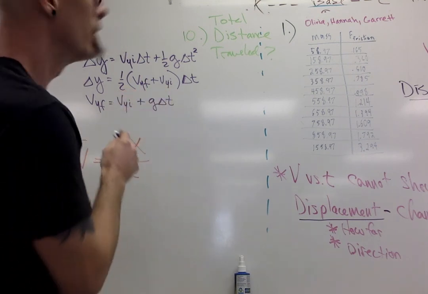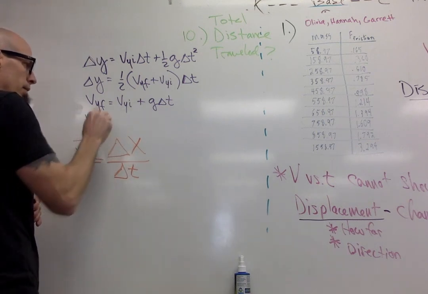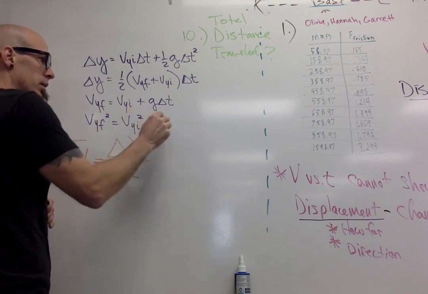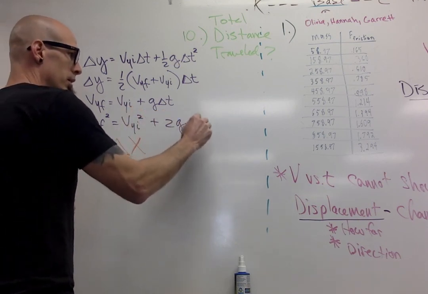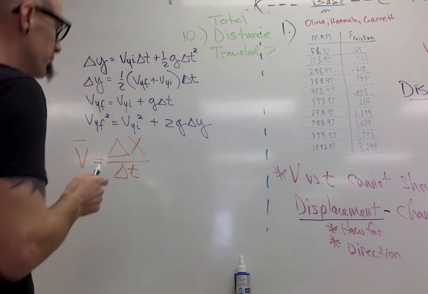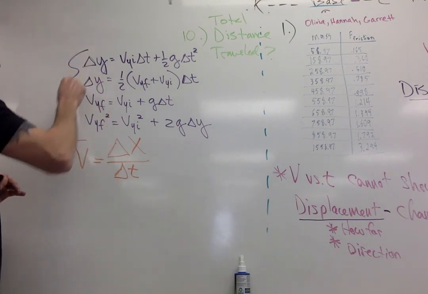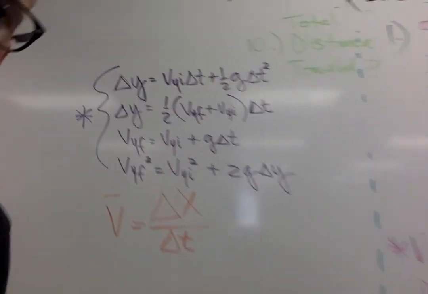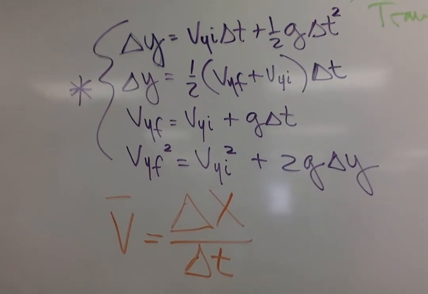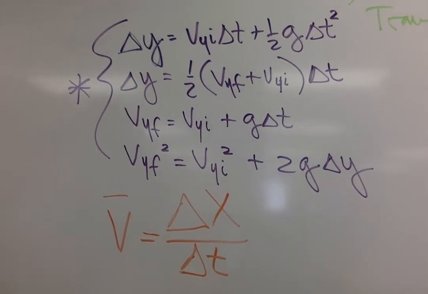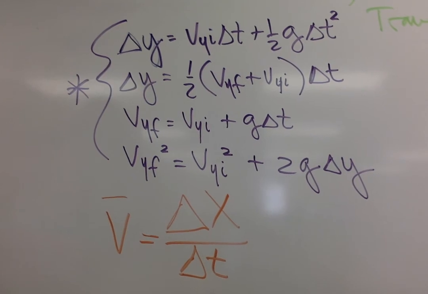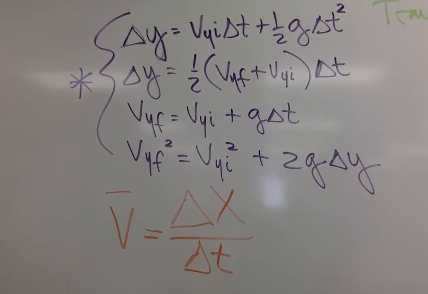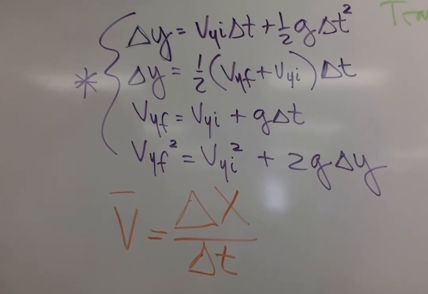And then we had Vyf squared equals Vyi squared plus 2g delta y. Yep. So that would be the re-notating here of changing a's to little g's, delta x's to delta y's, and then v's to Vyi and Vyf.